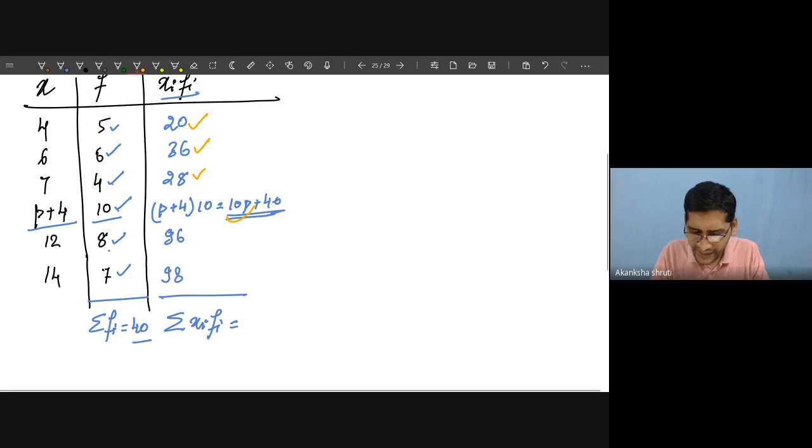But in 10p plus 40, the 40 can be added with the numbers, but 10p has to be maintained as it is. 96, 98, this way we shall add. Let us start adding. 0 plus 6, 6 plus 8, 14. Now from this 10p and 40 we shall add the 0 only.